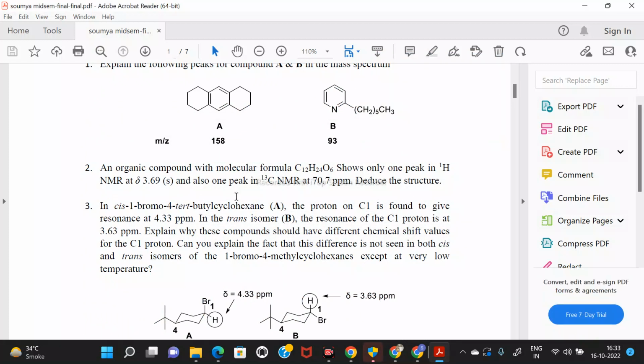Sorry, question number two. I hope it is visible. An organic compound with molecular formula C12H24O6 shows only one peak in 1H NMR at delta equal to 3.69, a singlet, and also one peak in 13C NMR at 70.7 ppm. Deduce the substructure.